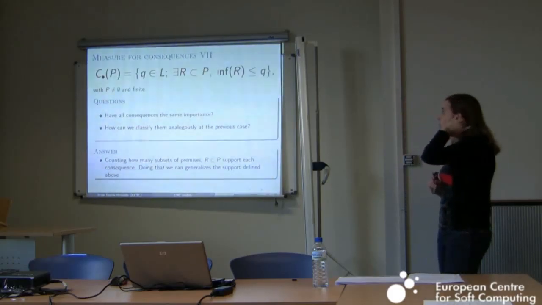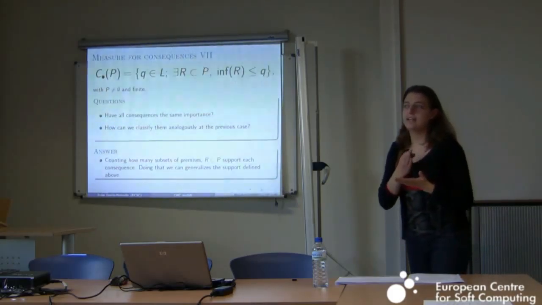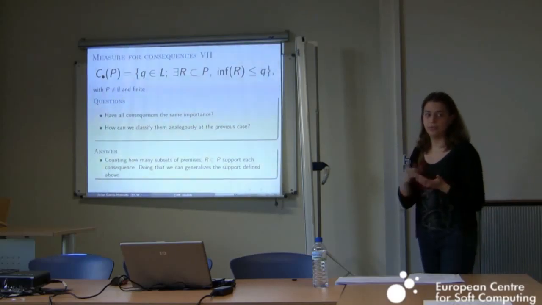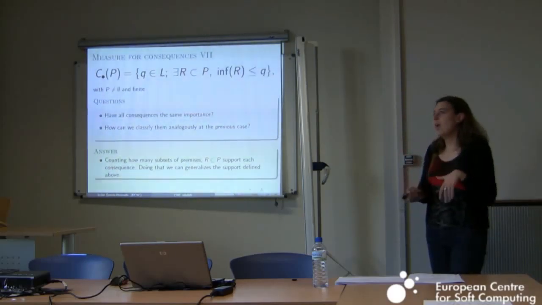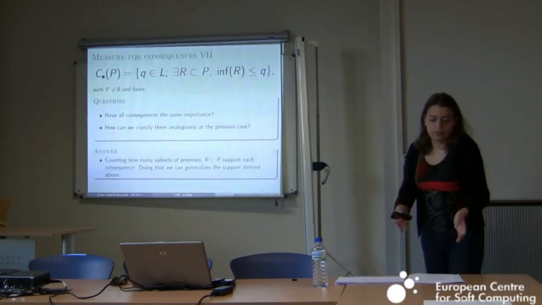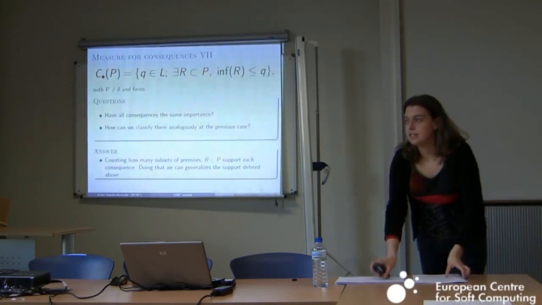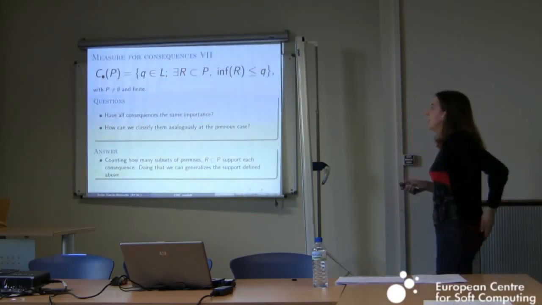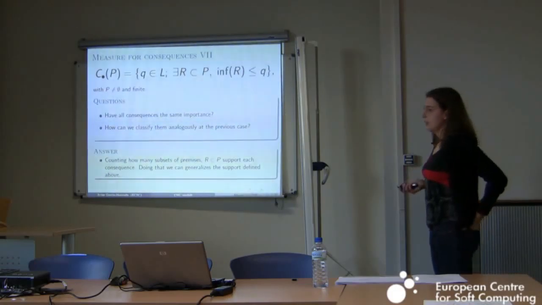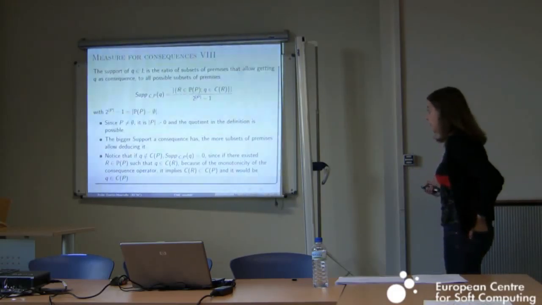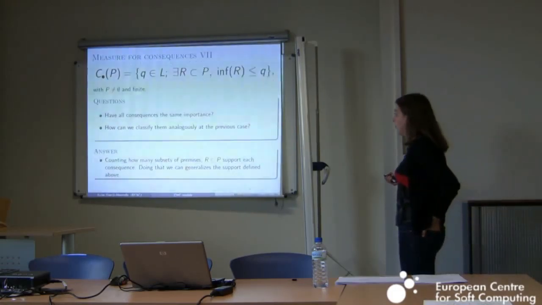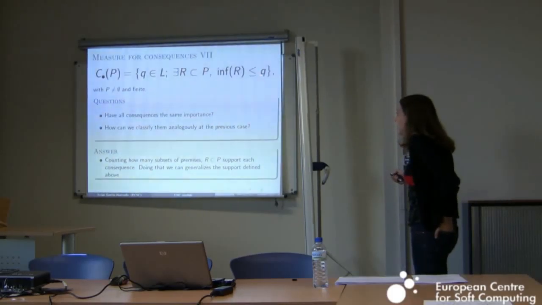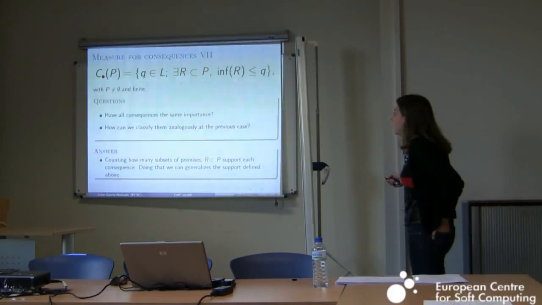Now we want to generalize the definition of support from C less equal to another operator of consequences. For example, we pay attention to the operator C point, which finds consequences that are consequences for a subset of premises.